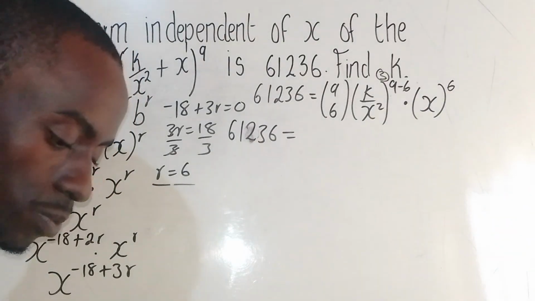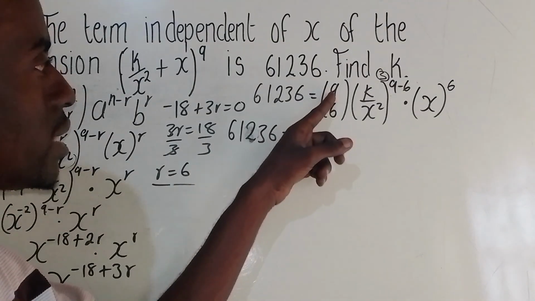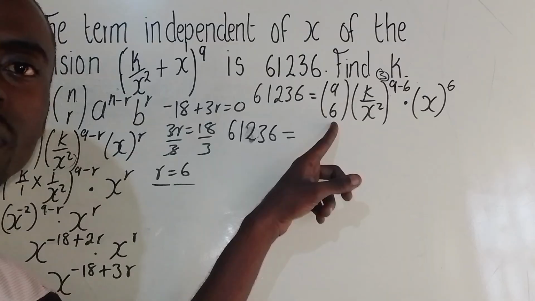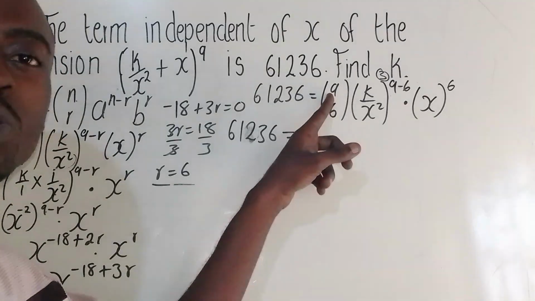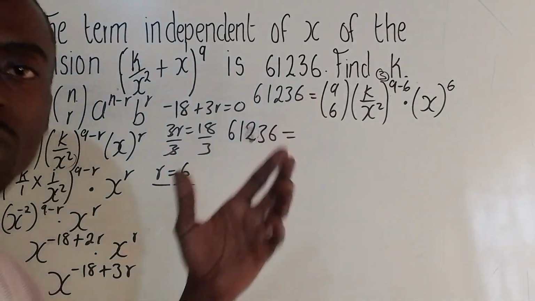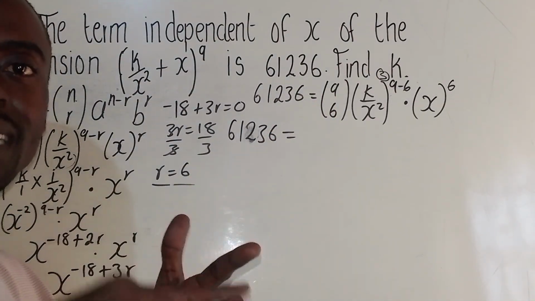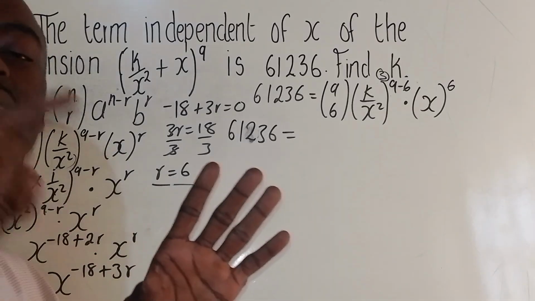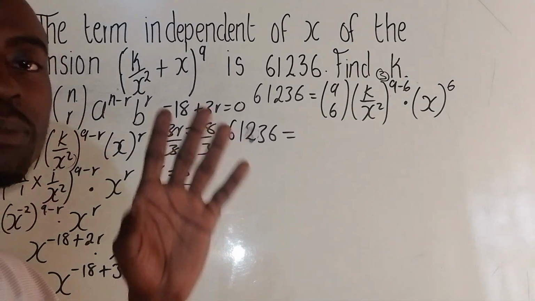Now before I continue, when I say 9 and then 6 here, it simply means we're supposed to expand 9, multiplying the positive values that are less than or equal to 9. For example, 9 times 8 times 7 times 6 times 5 times 4 times 3 times 2 times 1.